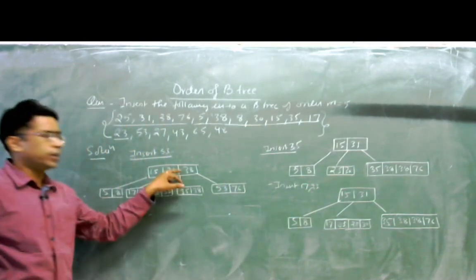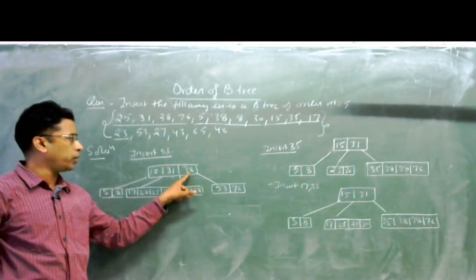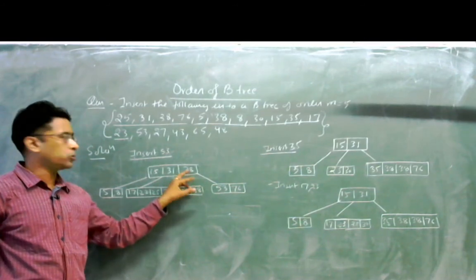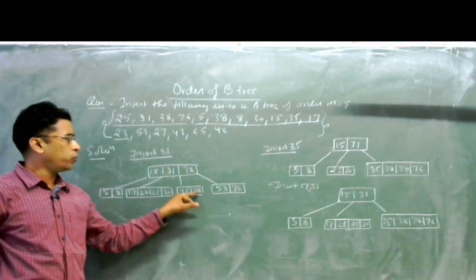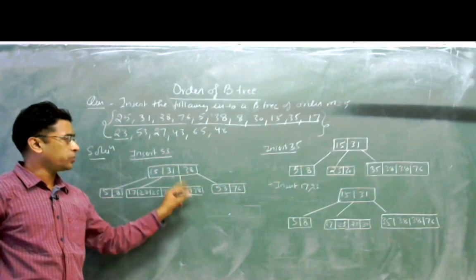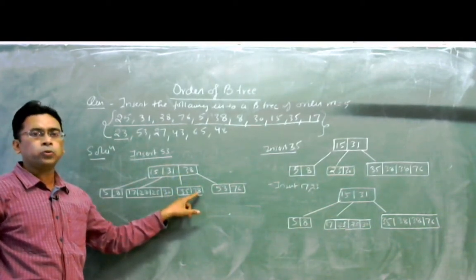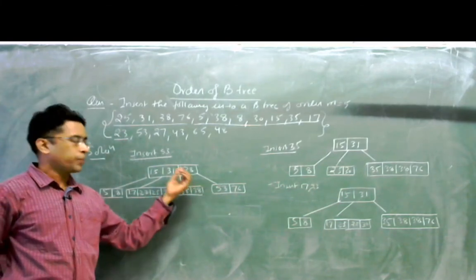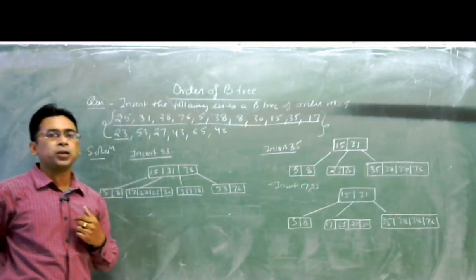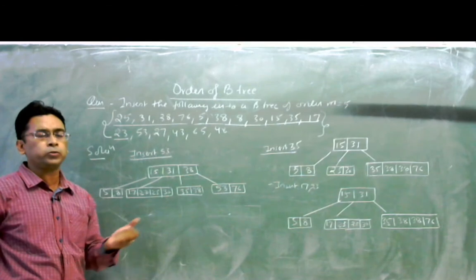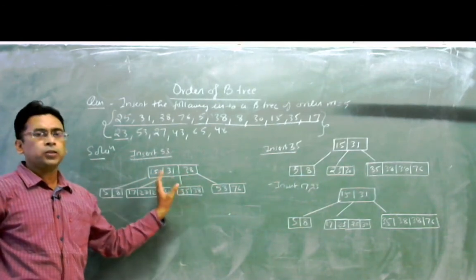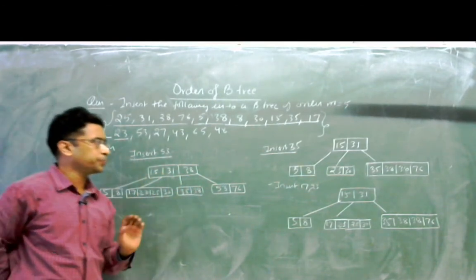At this point there are two 38s occurring. One 38 is placed just by the pointer associated at this node. There should be no confusion, because on the left hand side the element smaller than or equal to that element can be placed. So 38 is placed here.